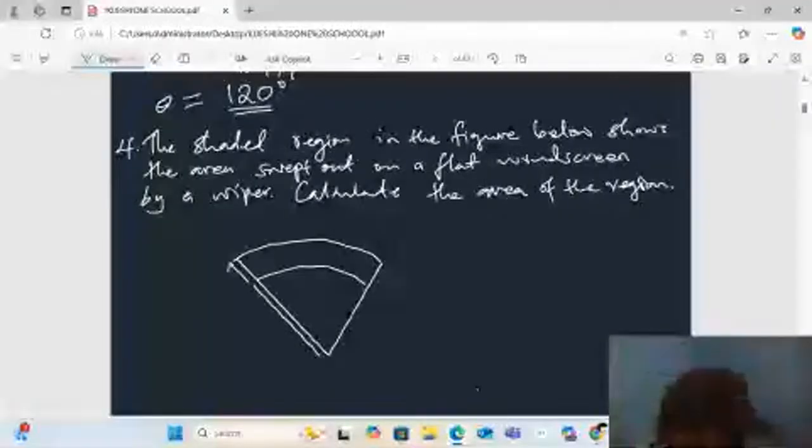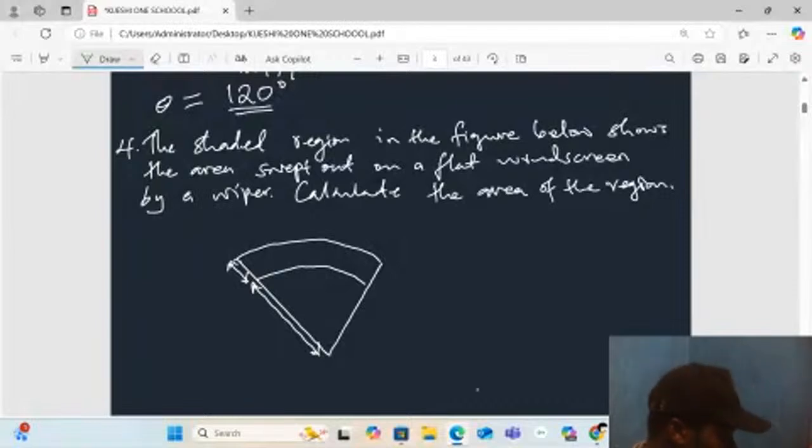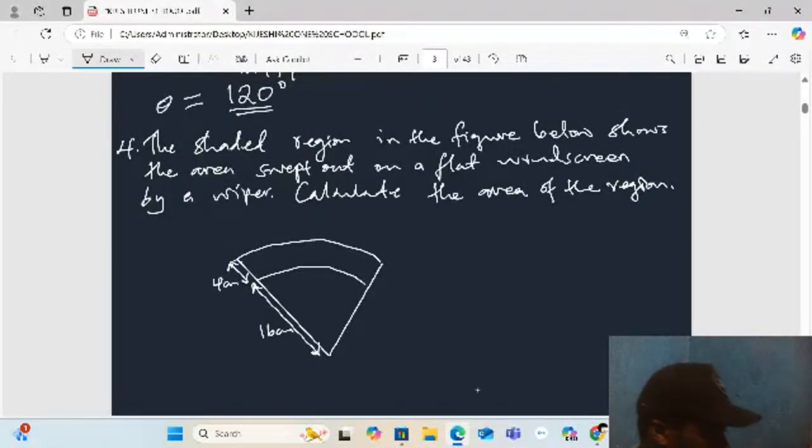So I have this from here to here, and then from here to here. So we have 4 centimeters, then we have 16 centimeters. So this is now the shaded region.